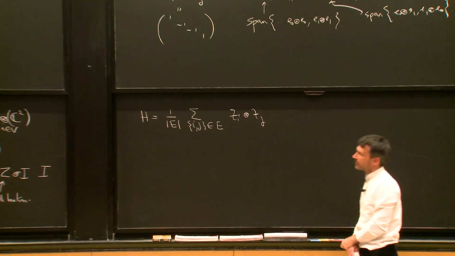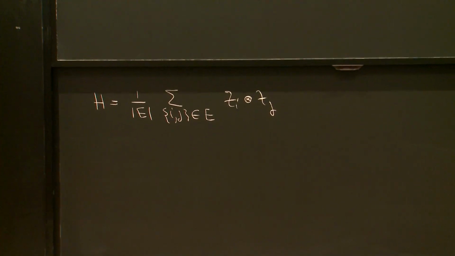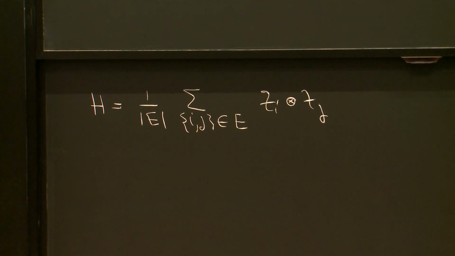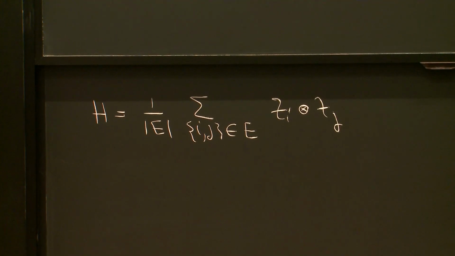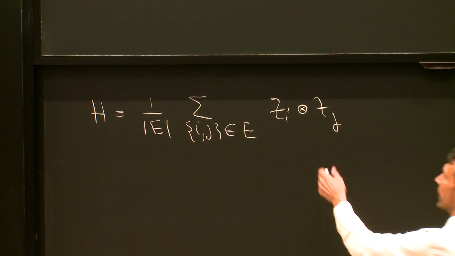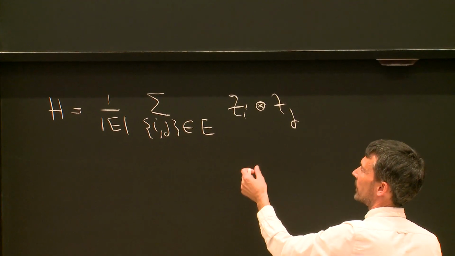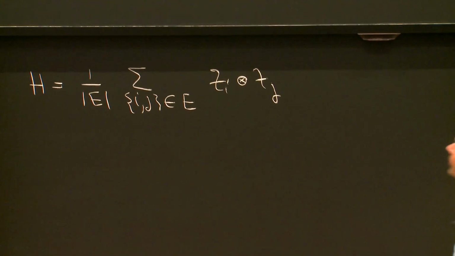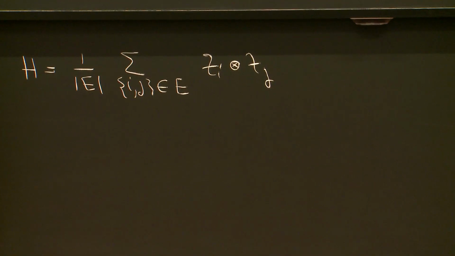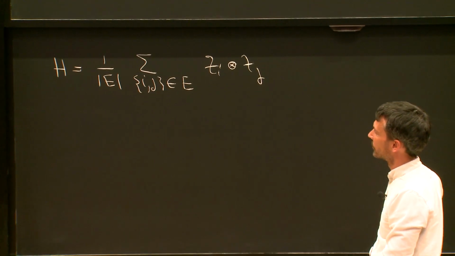So this is something that gives me energy -1, which we think of as favorable. We're generally interested in minimizing the energy. Whenever I have an edge, my state is in the span of basis vectors that have odd parity with respect to that edge.